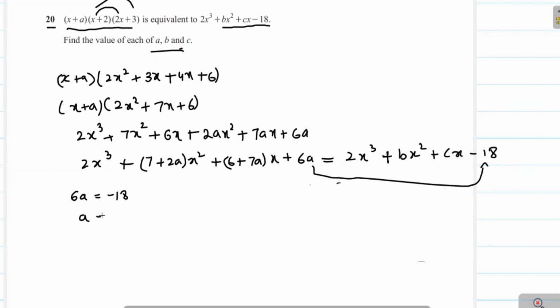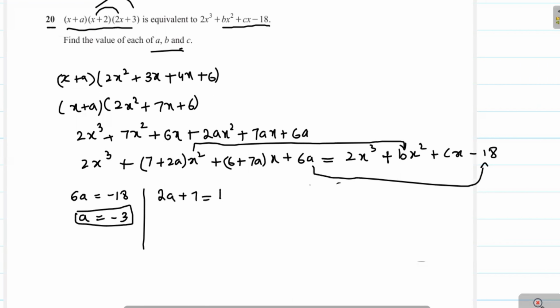Therefore, a will be equal to minus 18 divided by 6, that's equal to minus 3. Next, we compare the coefficient of x squared. The coefficient of x squared on the left side is 2a plus 7 equal to b, and we can write 2 into minus 3 plus 7 equal to b, and b will be equal to 1.